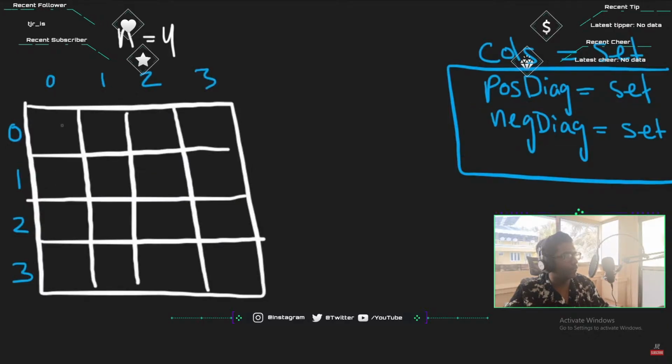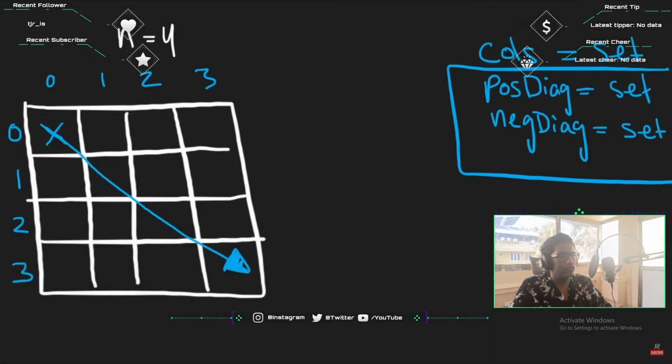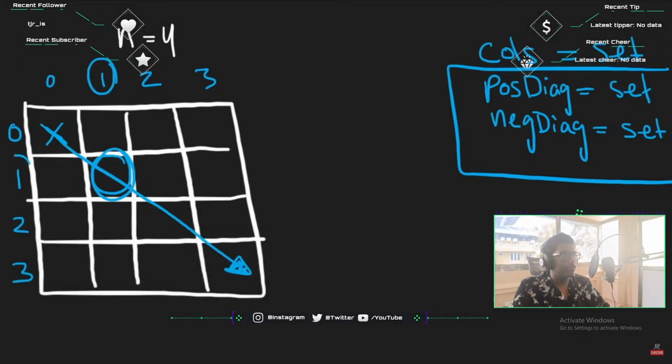Let's say we start at the origin, the top left position, and then we go diagonally bottom right. This is what I'm going to refer to as a negative diagonal because from left to right, we end up going downwards, right? Do you notice anything about this diagonal? Well, we're starting at 0, 0, right? The row and column are 0, 0. As we move diagonally down, we get to this position, and the row and column are 1, 1.